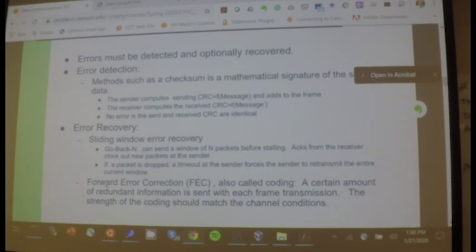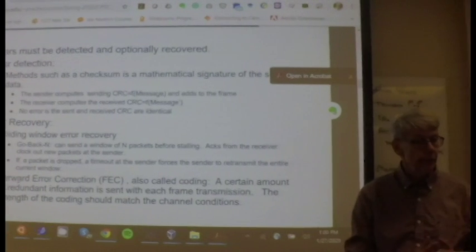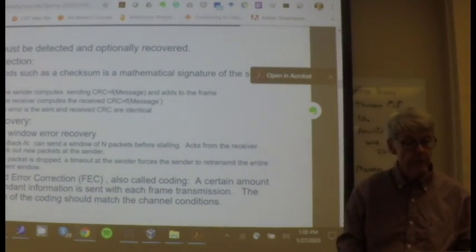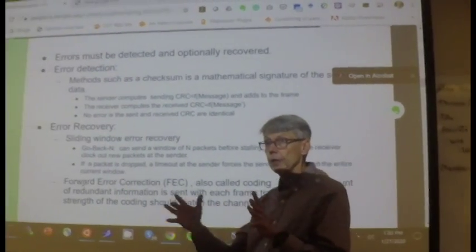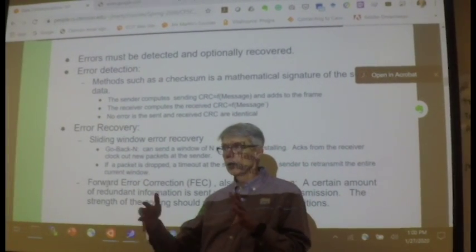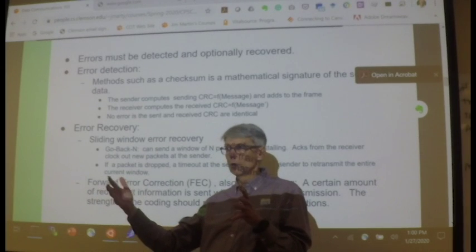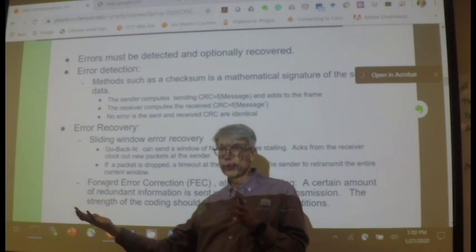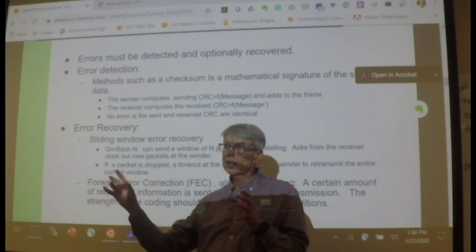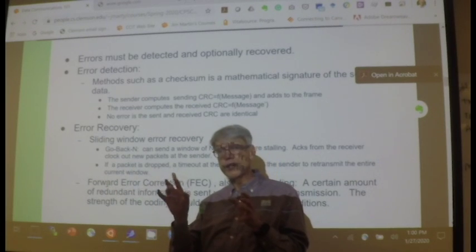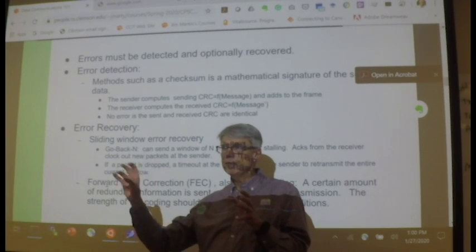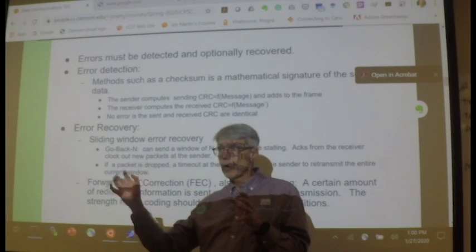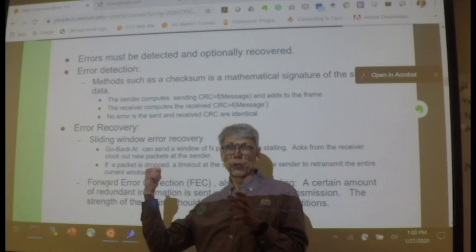So the last thing I'm going to say about this set of slides is how errors can happen. Error detection: we talked about CRC algorithms and how they can perform error detection. If the CRC fails, the frame is just discarded, thrown away.